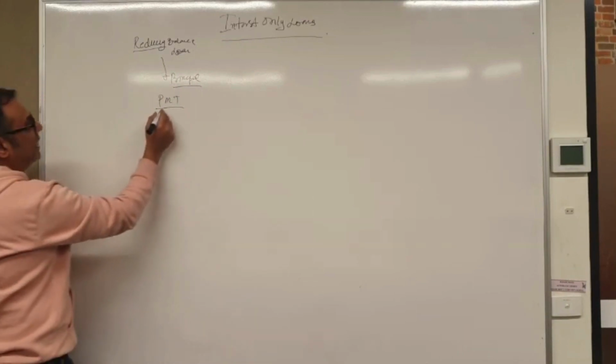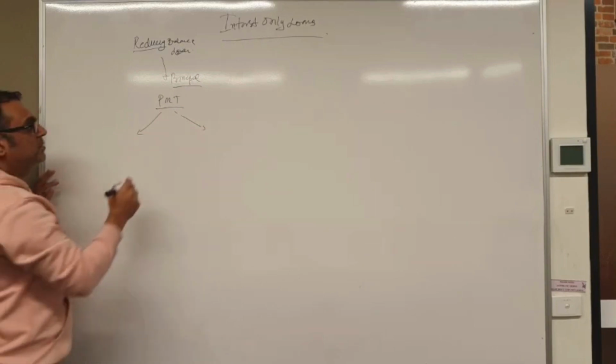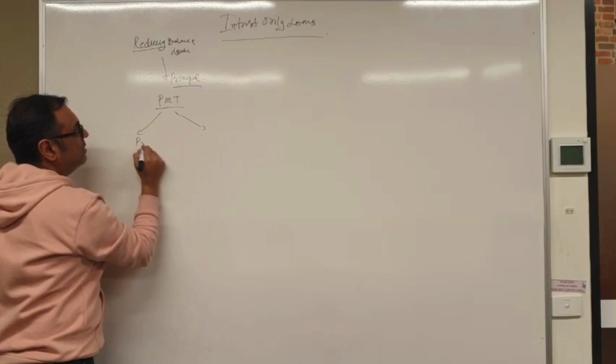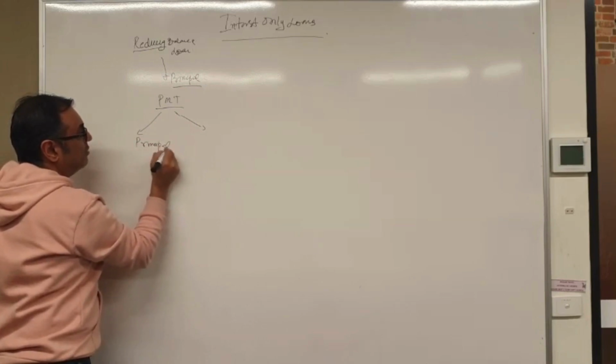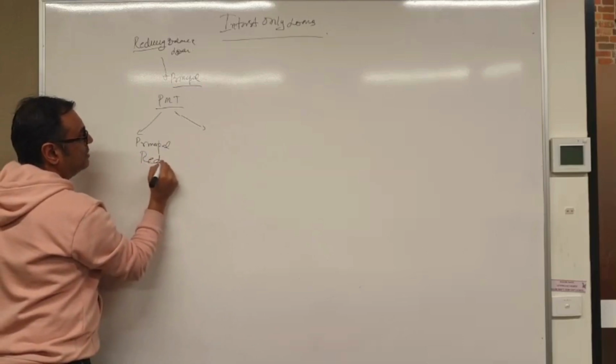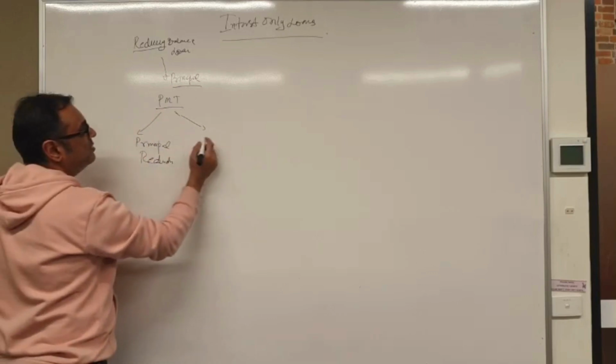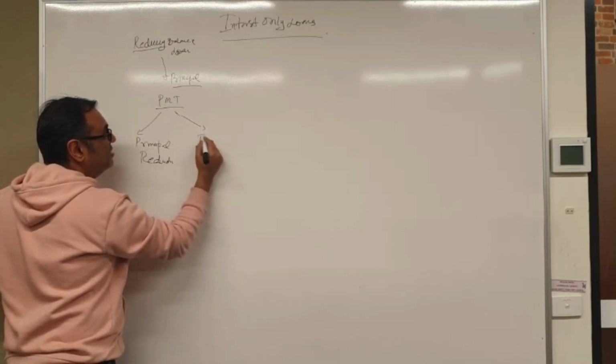Your PMT is split into two parts. The first one is your principal reduction. If you remember your amortization tables, your PMT has two parts: principal reduction, and the second one is the interest charged.